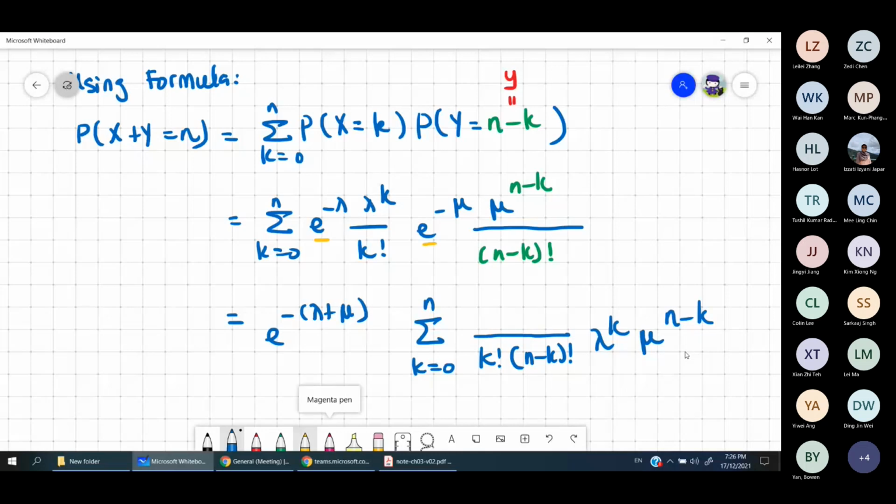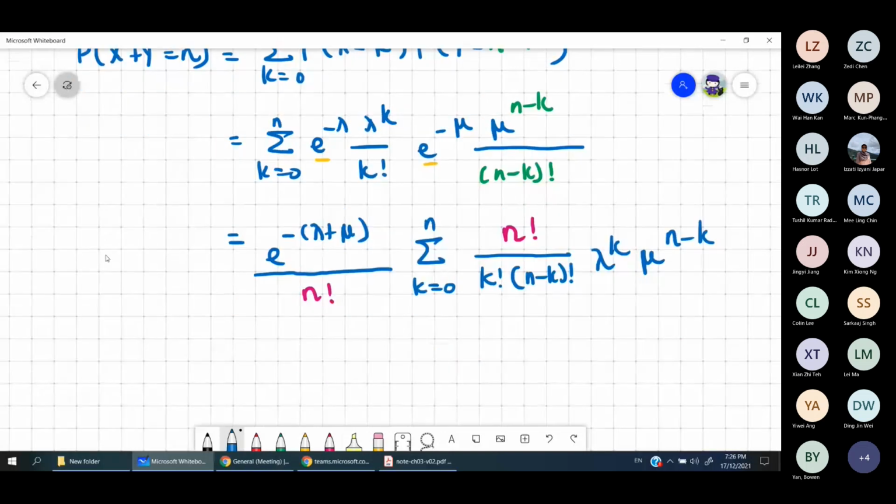Now what we can do is purposely put in an n factorial here. To be balanced, it has to be divided by n factorial over here. When you cancel them off, it comes back to the same thing.